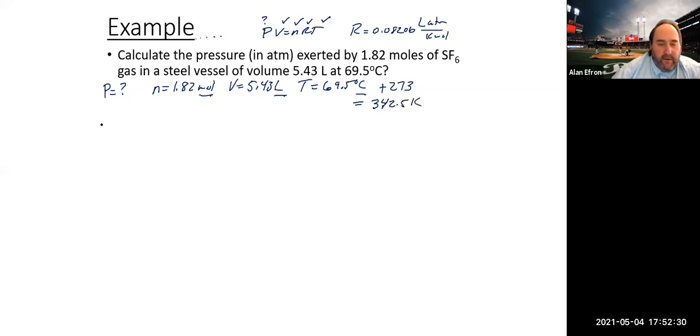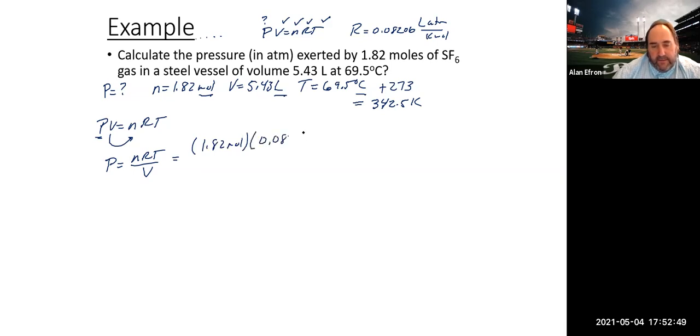Now if we take our PV equals nRT, we're going to solve for P, so we bring V to the other side. So P equals nRT divided by V. Putting in our numbers in the right spot gives us 1.82 moles, our gas constant of 0.08206, and our temperature 342.5 Kelvin, all divided by our volume, which is 5.43 liters.